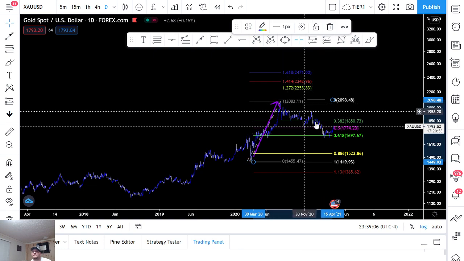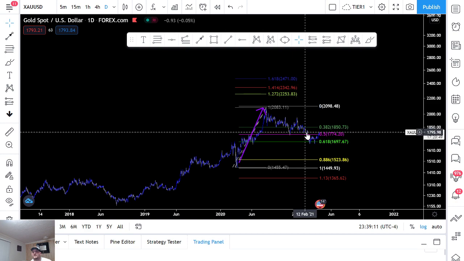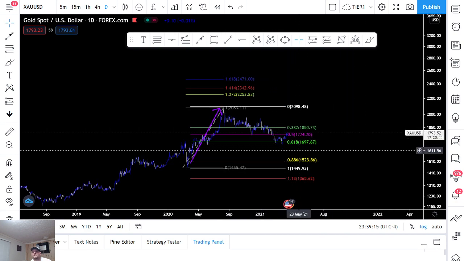This would be a pullback. So it took forever to pull back. I've been watching this for a long time. But we can see a pretty double bottom right here at the 61.8. You know?